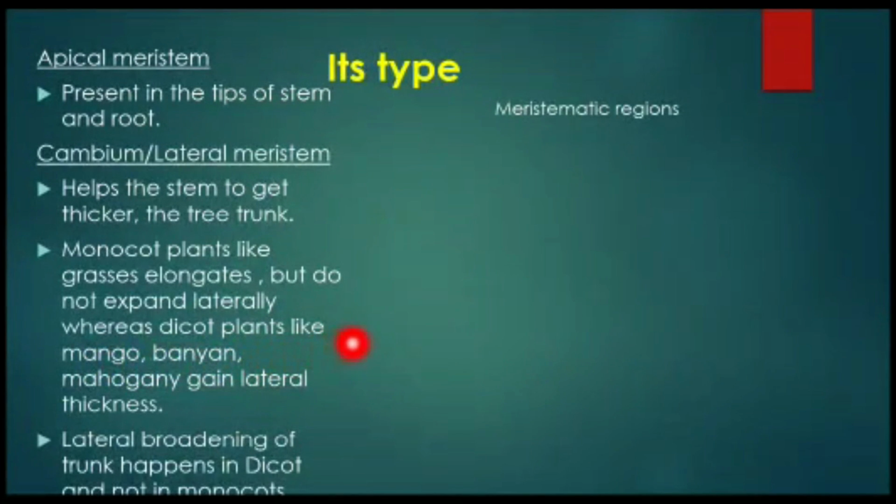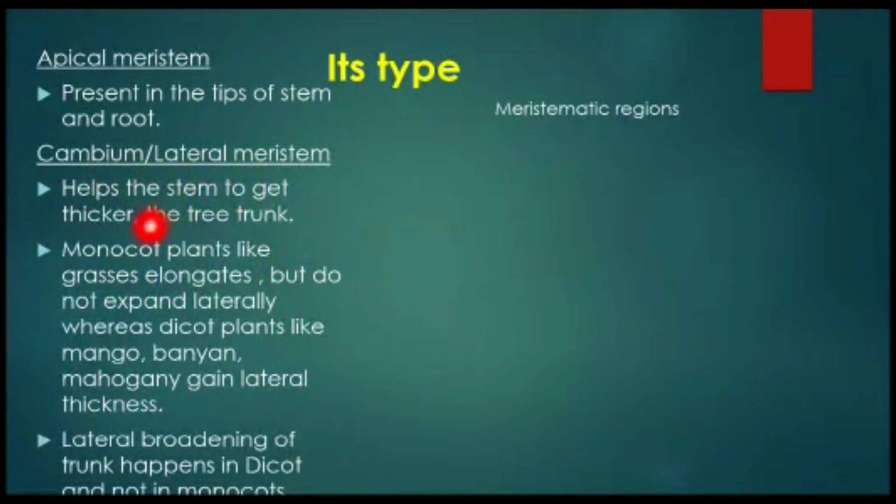This is because the lateral meristematic cells keep on dividing in dicot plants and do not divide, or there are no such activities, in case of monocot plants.